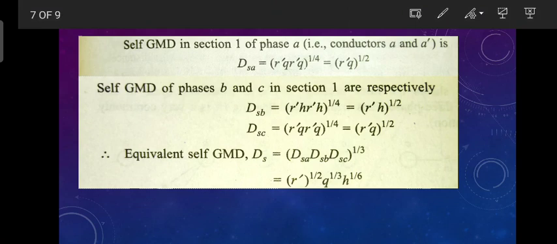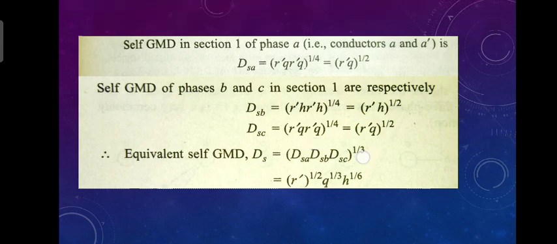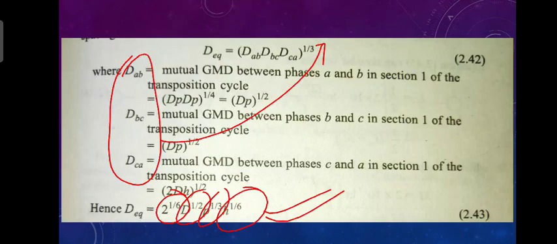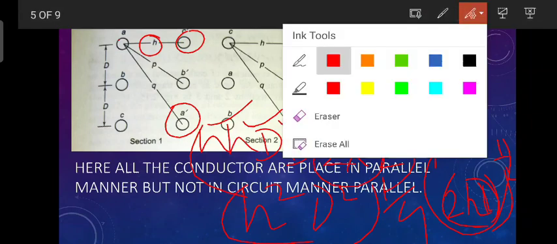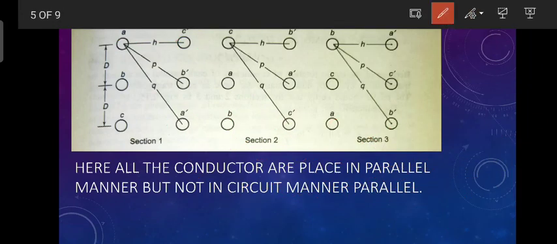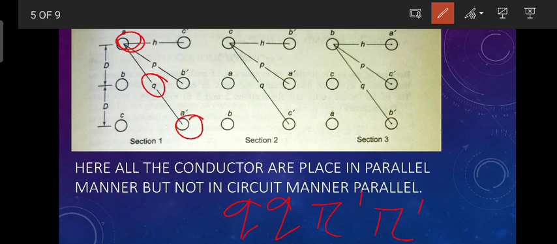So let's see the self GMD in section 1 of phase A, conductor A to A dash. See here, I am explaining this A to A dash. That means this distance Q and this distance again Q, A to A dash and A dash to A, and then the self distance, that is r dash from A dash, that is again r dash, because the radii are the same.